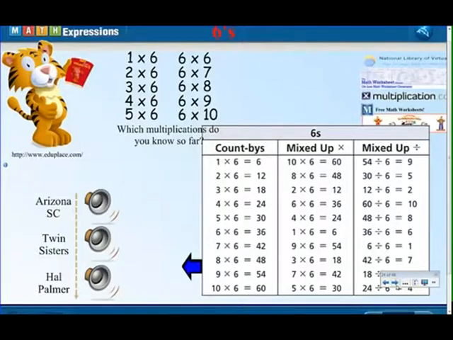And the 2 hard ones. 6 times 7 is 42. 6 times 8 is 48. 6 times 9 is 54. 6 times 10 is 60.